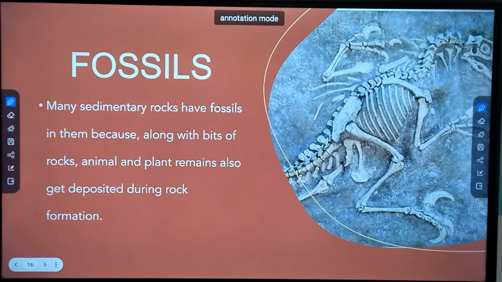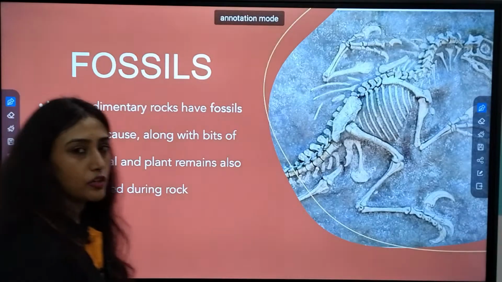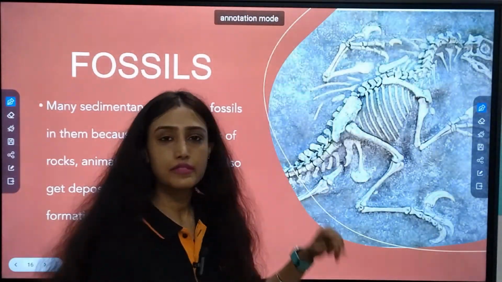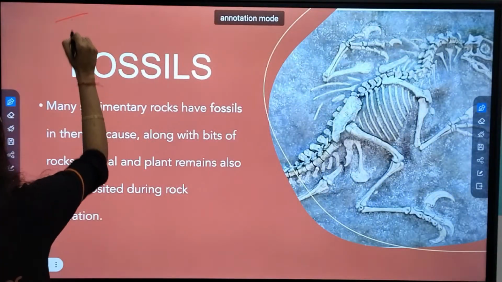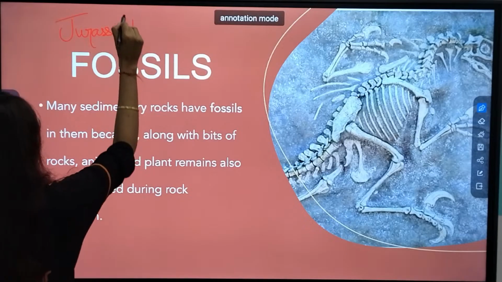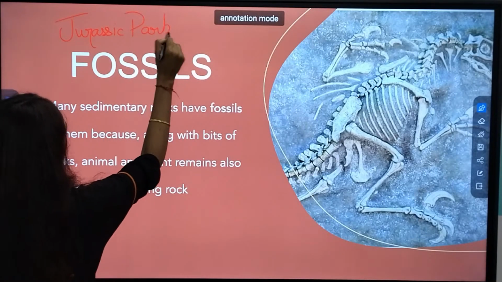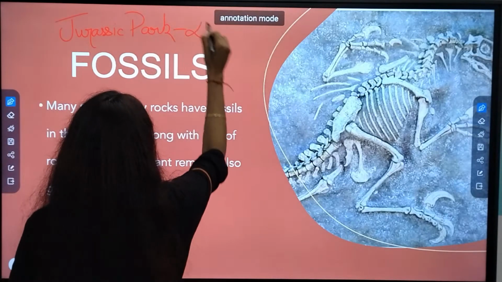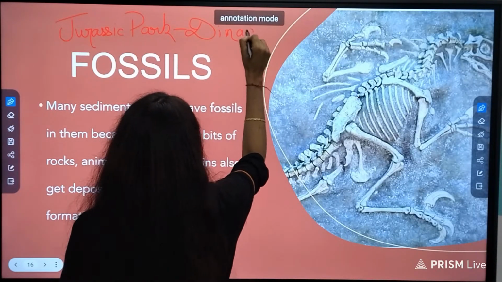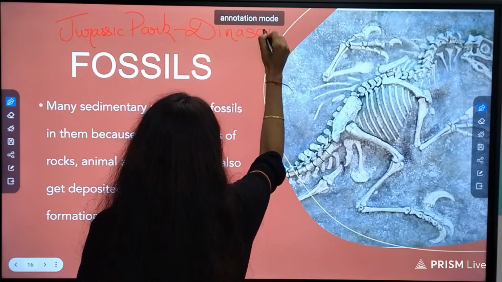Now comes fossils. You might have heard the term fossil, or you have seen Jurassic Park. What is the movie about? The movie is about dinosaurs.